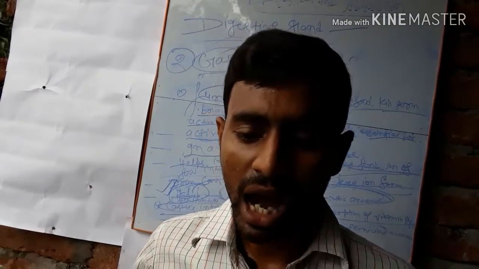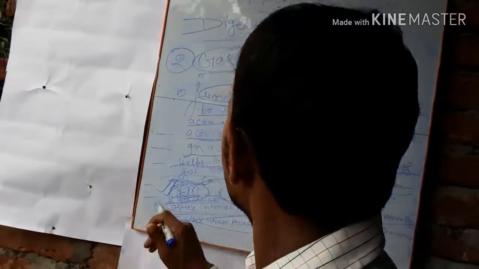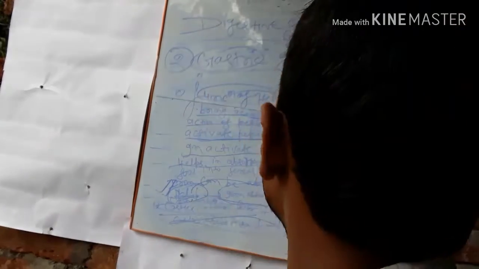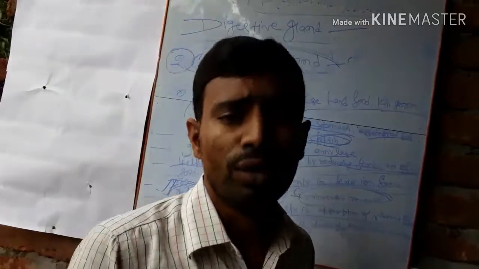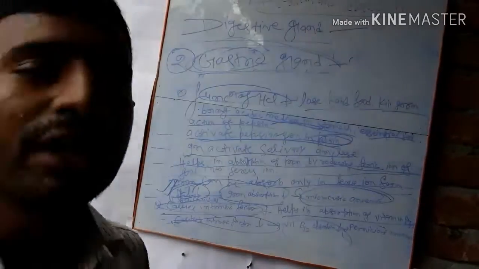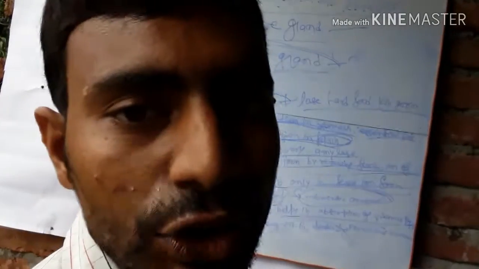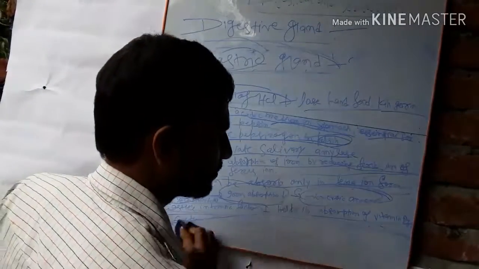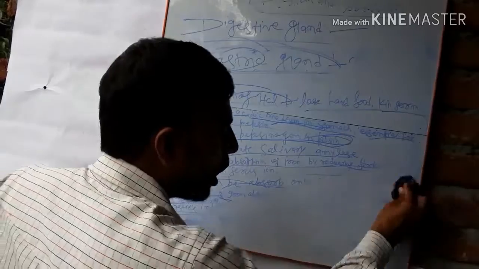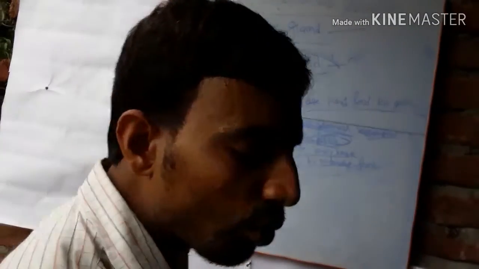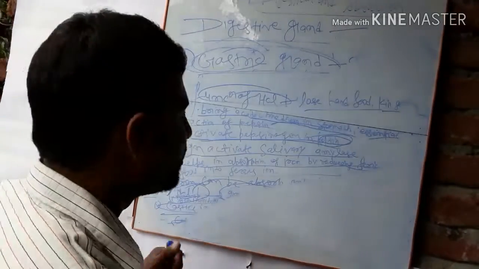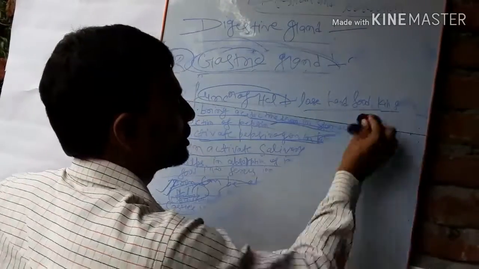Okay, now we are studying the gastric gland. So what is the product of the gastric gland? That is gastric juice. So now we will study gastric juice. I hope you know what the pH of gastric juice is.